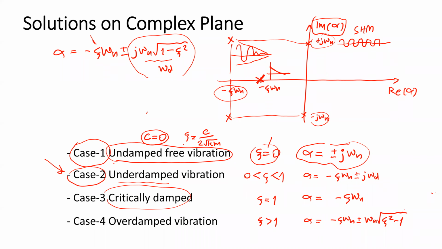For the overdamped case, we're going to have two real roots, because this one will be positive. The positive one will be added to this negative and subtracted from this negative. But what we are going to see is two real roots on the real axis.